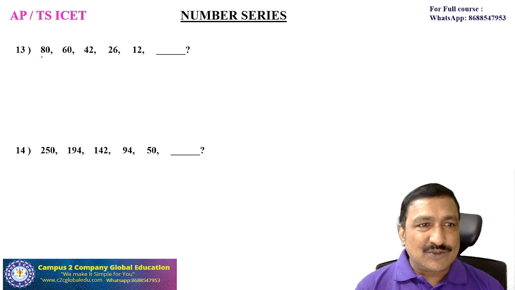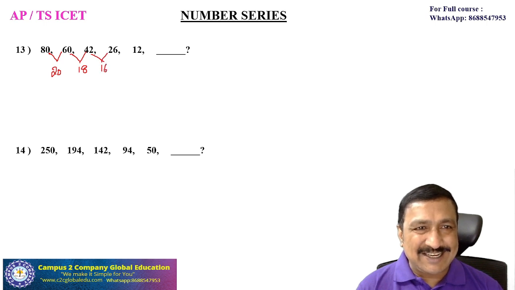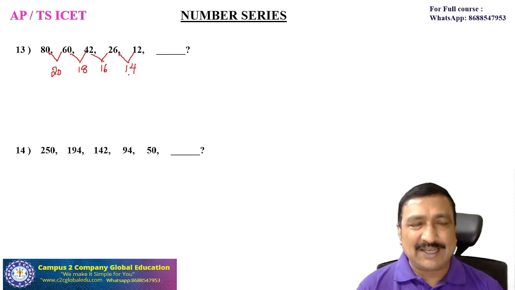Now look at the next one. Here 80, 60, how much is decreased? 20 is decreased. And 60 and 42, how much is decreased here? 18 is decreased. And 42 and 26, how much is decreased? 16 is decreased. And 26 and 12, how much is decreased? 14 is decreased.